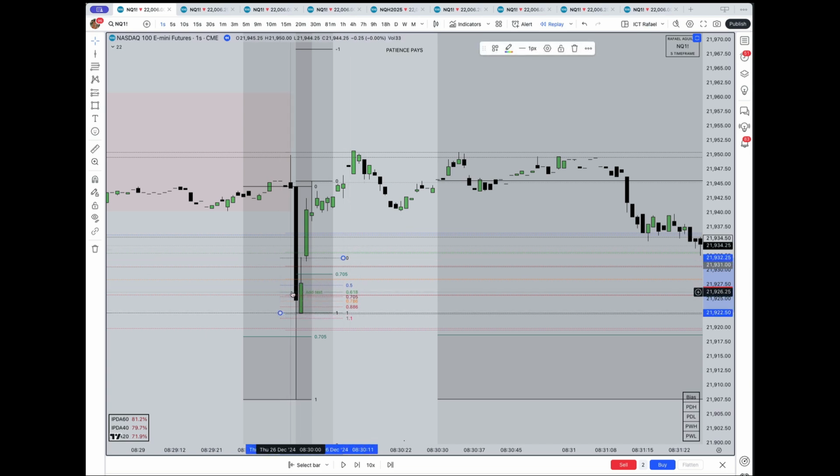So for me, the lowest point to measure was this candle to that high, the first retrace.